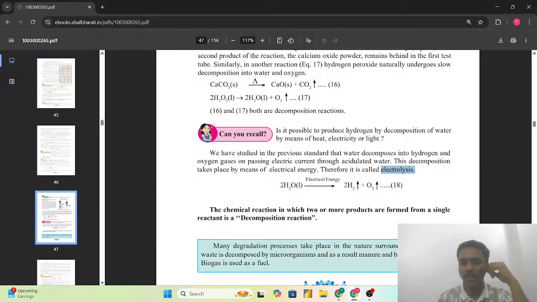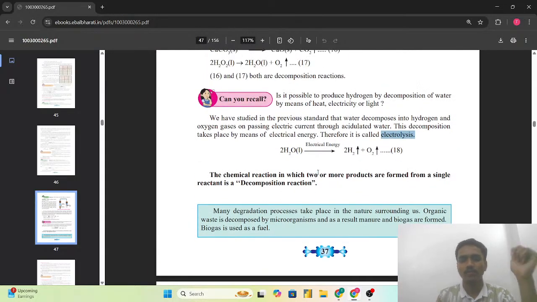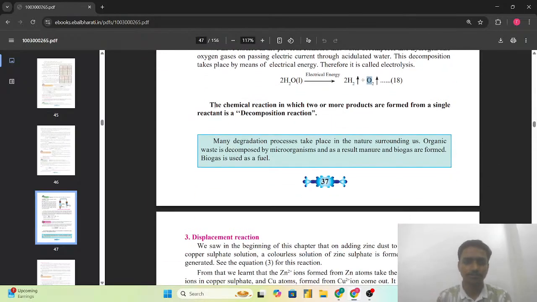We also performed an experiment related to this in lower classes, electrolysis with the help of electrodes, where we saw the electrodes being occupied with molecules of hydrogen gas and oxygen gas. So the chemical reaction in which a single reactant leads to the formation of two or more products is called a decomposition reaction.